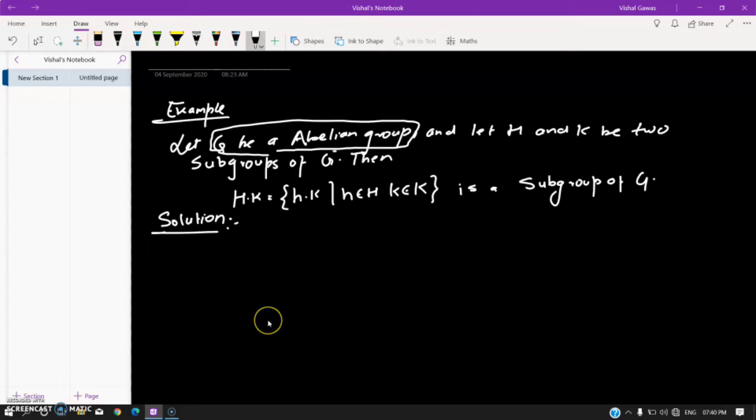Let's use the one subgroup test. Somebody can do the two step subgroup test to prove the same; I can leave that as an exercise.